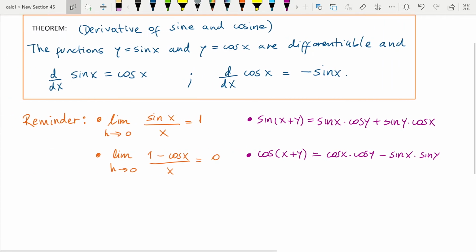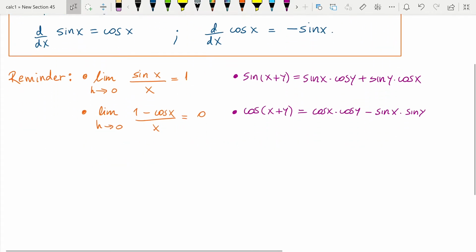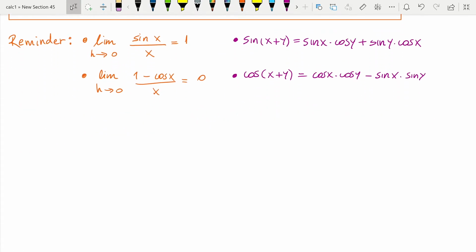Knowing this, how do we compute the derivative of sine? The derivative of sine of x needs to be computed by definition.